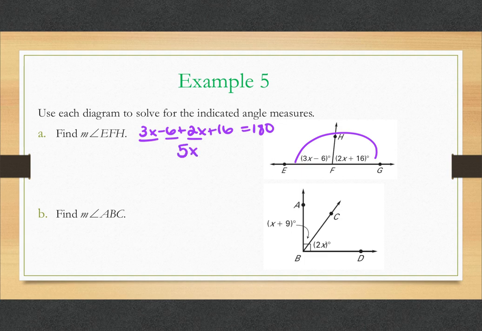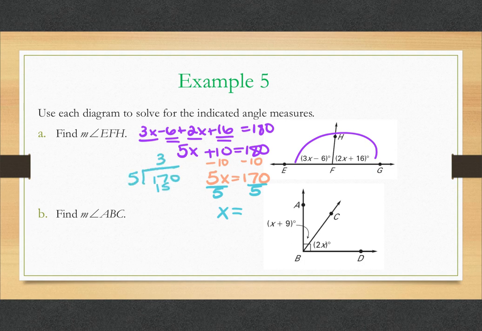5x plus 10 equals 180. Subtract the 10. 5x equals 170. Divide by 5. And x would equal 170 divided by 5, which is 34.